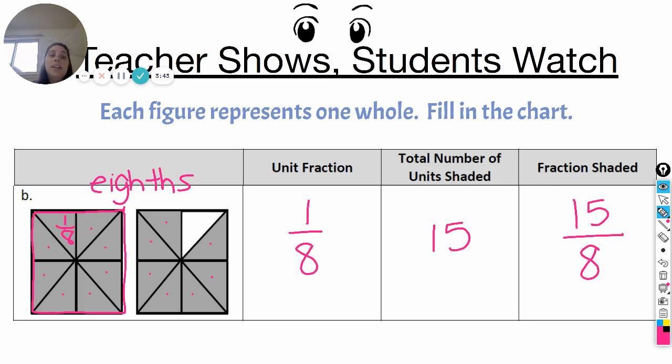So in this case, since we have more than one whole, our top number is going to be more than our bottom number, okay? So we have 15 pieces shaded out of 8 pieces, okay? Out of figures broken into 8 pieces or eighths. So we would say this as 15 eighths.